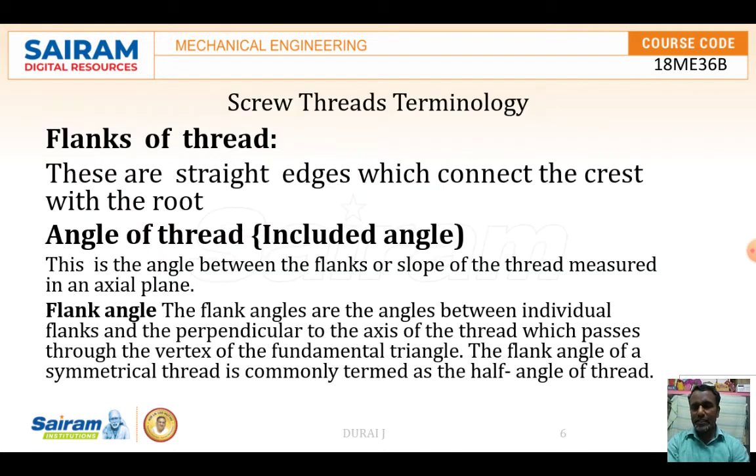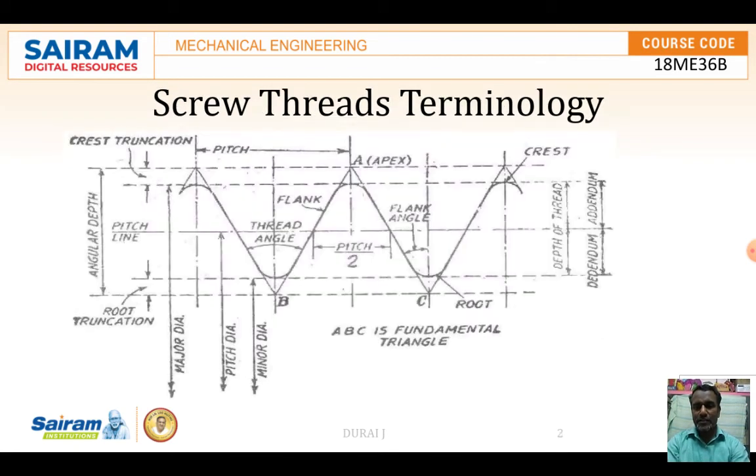Then comes the next one, flanks of the thread. Normally the flanks of the thread means the tapered straight surfaces. Otherwise, in another manner, the distance between the root to crest is called the flank.